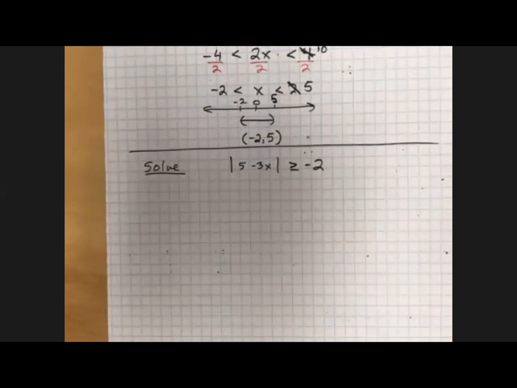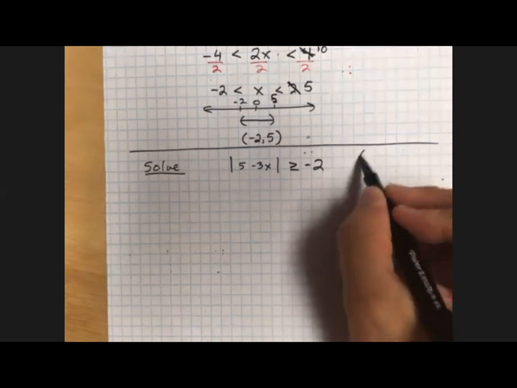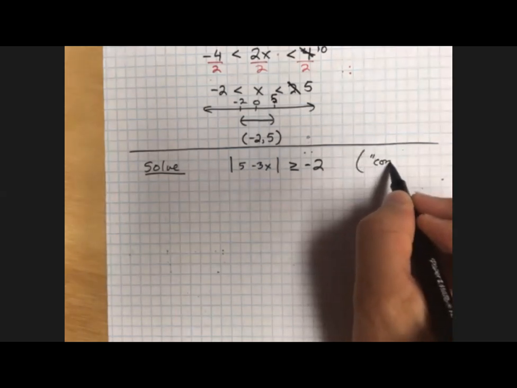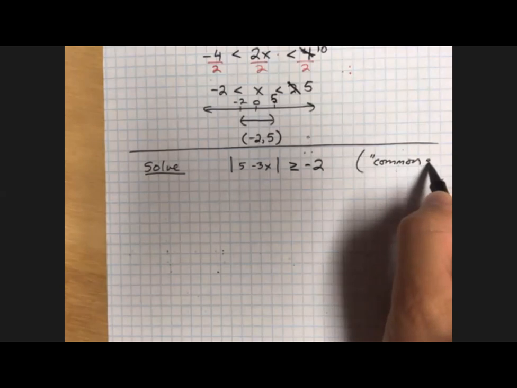Now you're going after your rules. You're going back on your paper. You're going to look at the rules. Which rule should I use here? But never forget to use common sense.